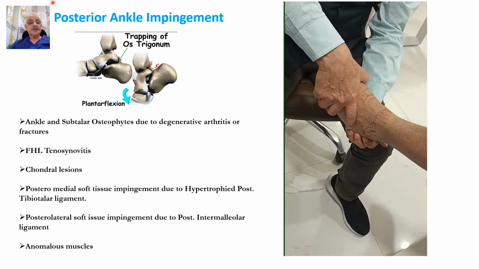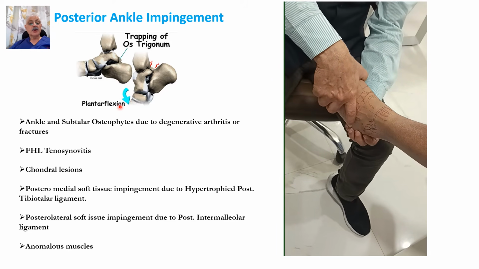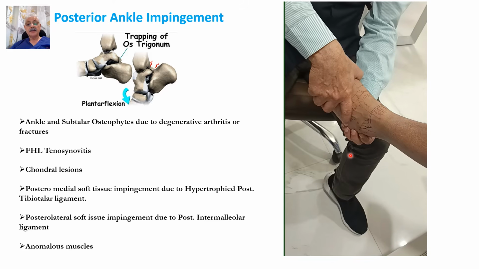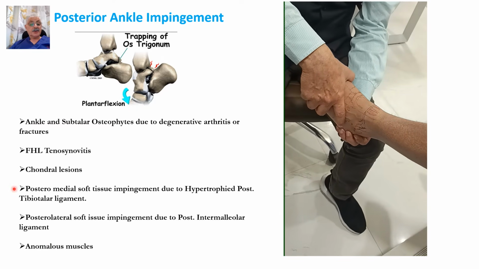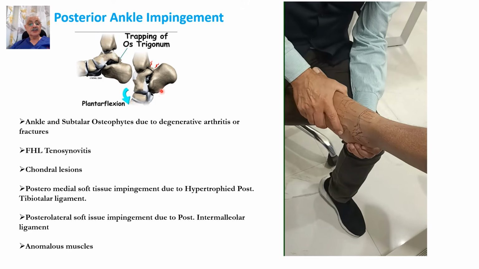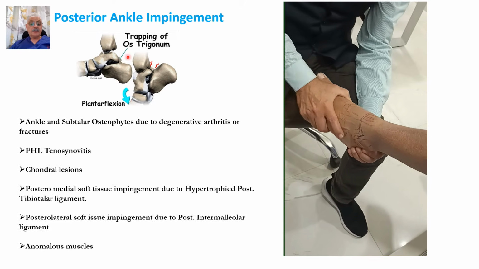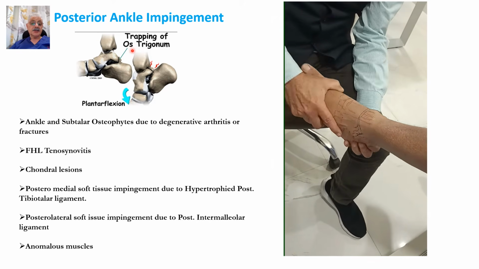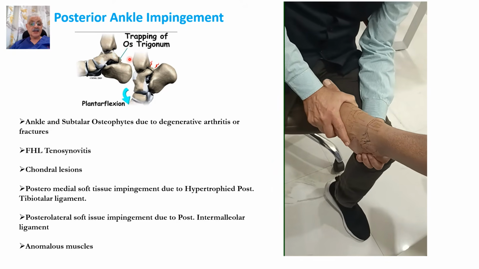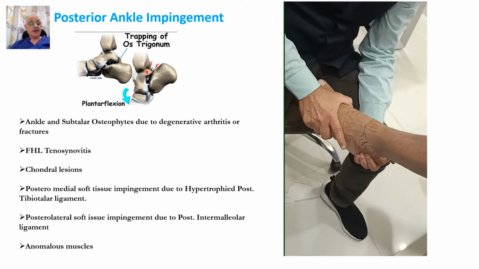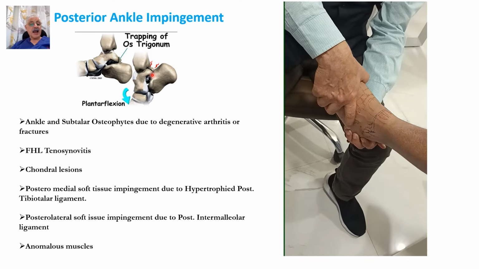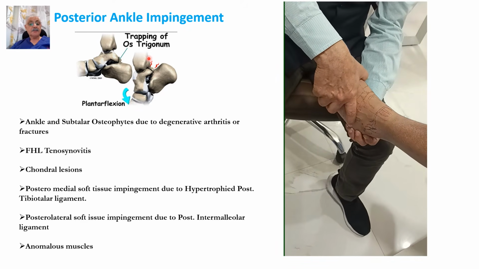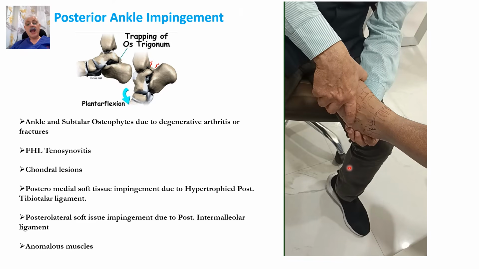Posterior ankle impingement is one of the common causes of posterior ankle pain. In this condition, a number of structures get compressed between the tibia and the calcaneus during extreme plantar flexion, which is common in athletes, and the patient presents with posterior ankle pain.